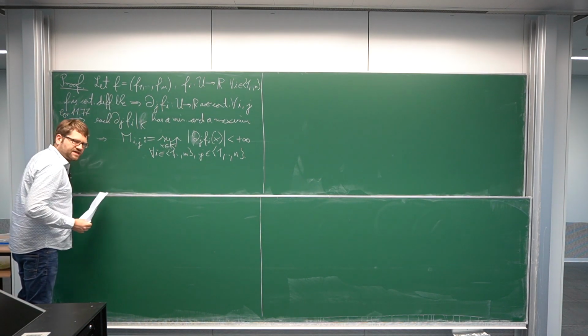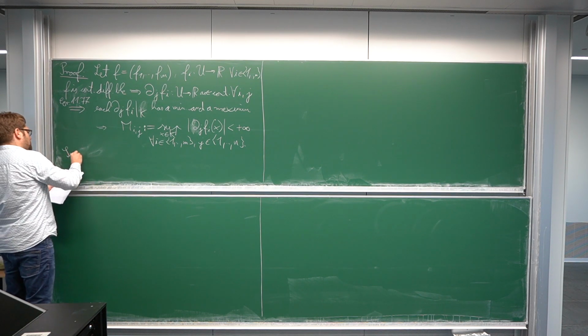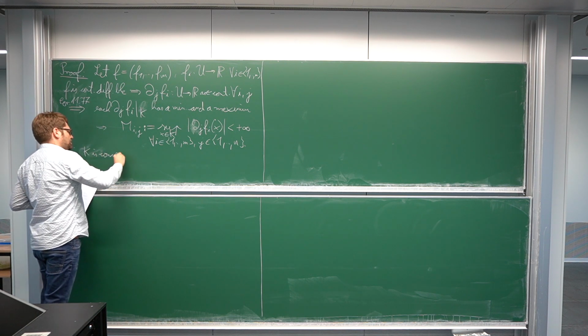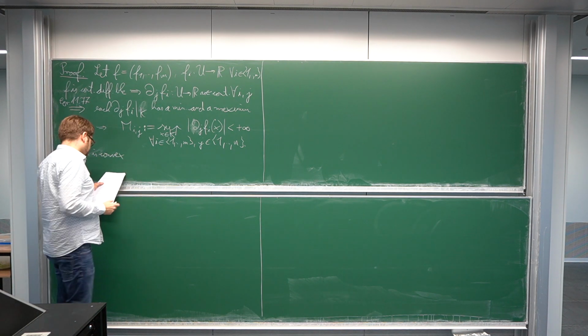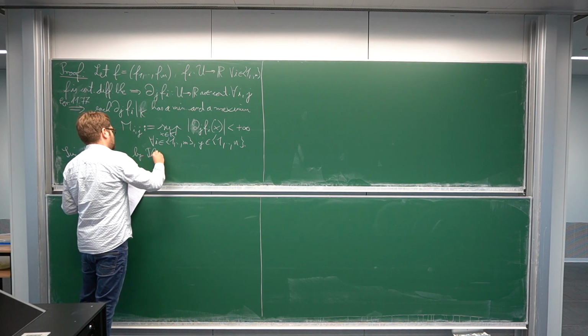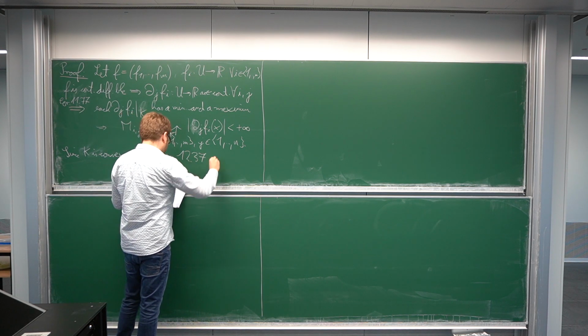And now we need the convexity because we want to apply the mean value theorem. Since K is convex, we can apply the mean value theorem to any two points in K by theorem 1237, our mean value theorem we just discussed.